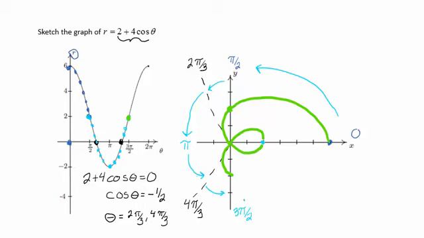After 3 pi over 2, as you rotate through this fourth quadrant back to 2 pi, our radius vectors would be getting longer and longer, eventually being longest at 2 pi, where the radius would be 6 again. So our graph would be getting longer and longer, eventually hitting back to our starting point at 6. And this is the graph of the polar equation r equals 2 plus 4 cosine of theta.